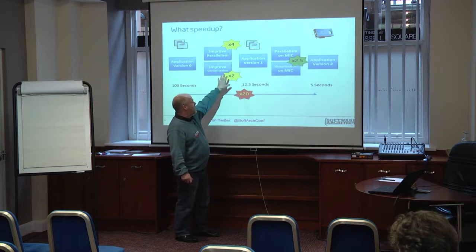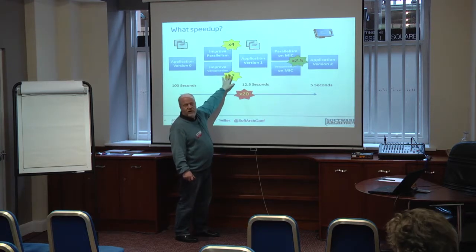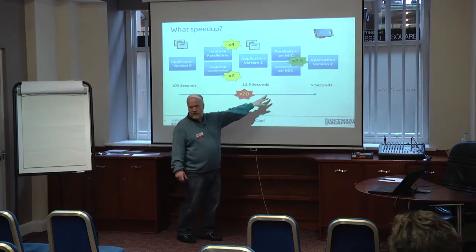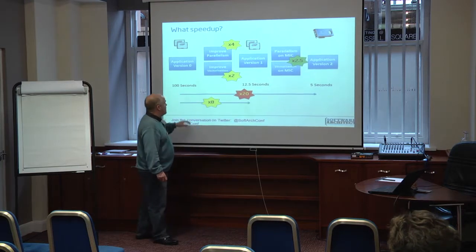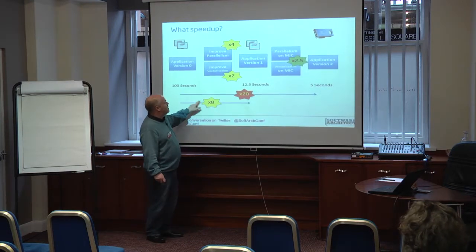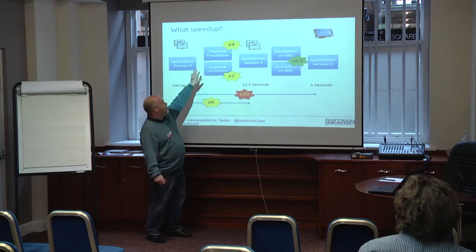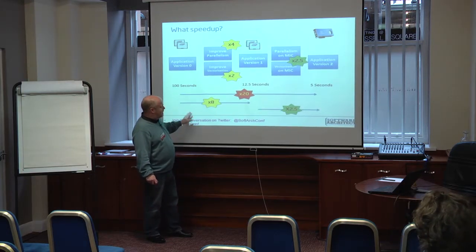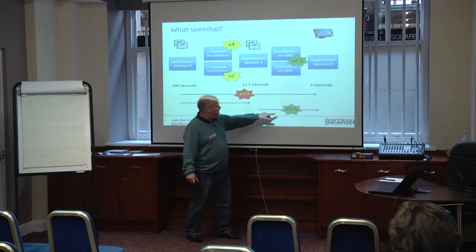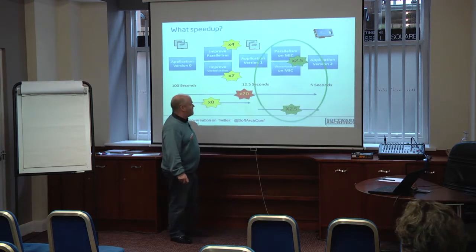But actually, the work that you do here benefits the regular code, that other code running on your Xeon, as well as code that's about to run on the Xeon Phi. So you've already done a ×8 speed up of your code by improving parallelism and vectorization. And then from this point to here, we've got a 2.5 speed up.